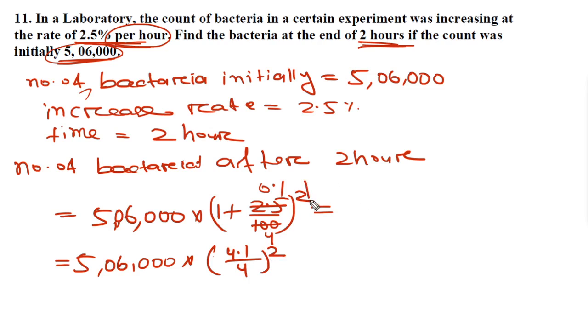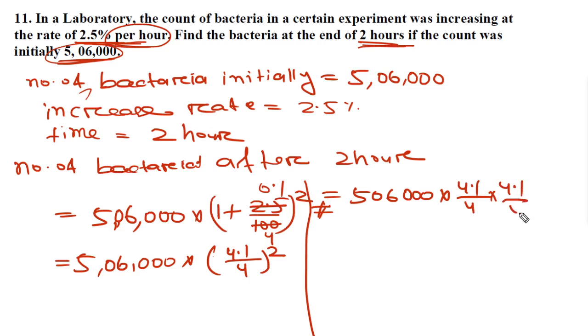So write it here, which will be equal to 506,000 into 4.1 by 4 into 4.1 by 4. Now you have to cancel it with this number.